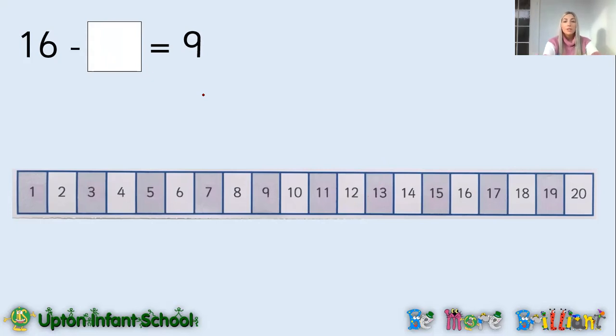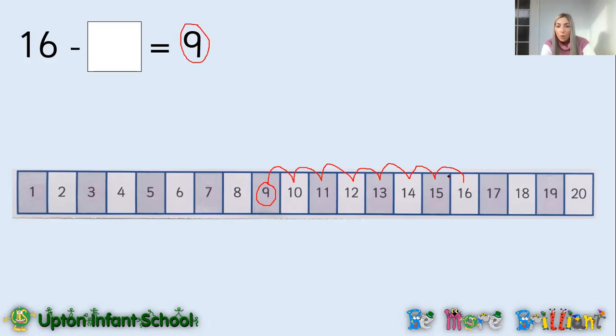Okay, so starting on 16, and we are going to jump until we get to our last number, which is 9. Okay, off we go. 1, 2, 3, 4, 5, 6, 7.